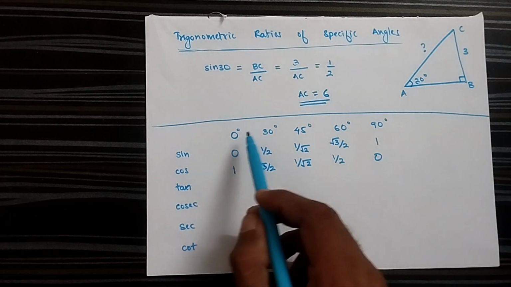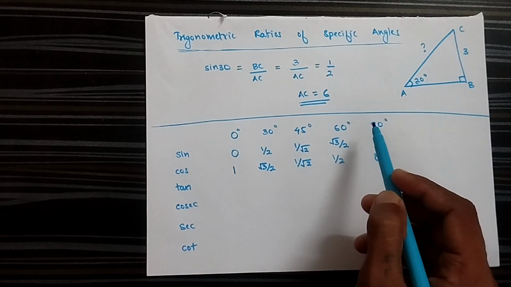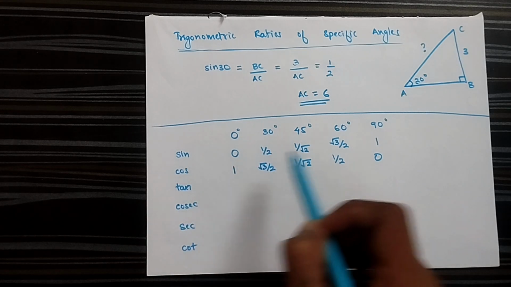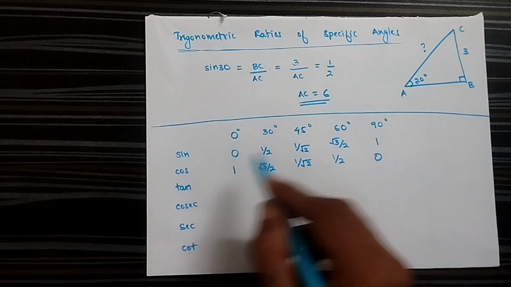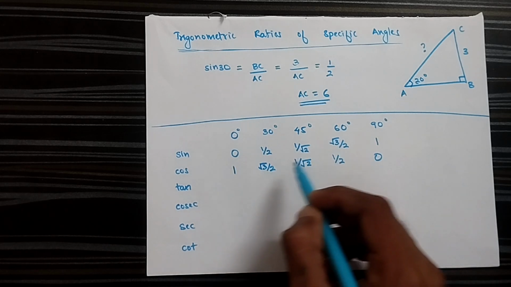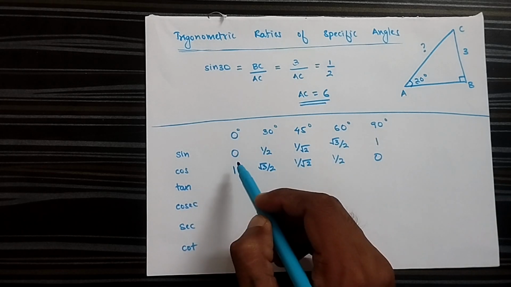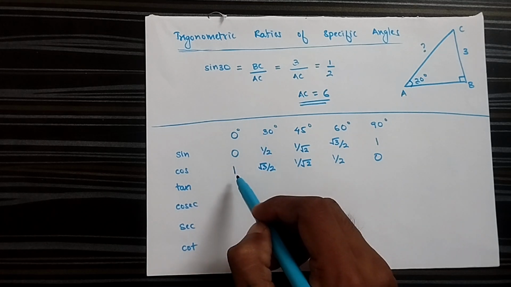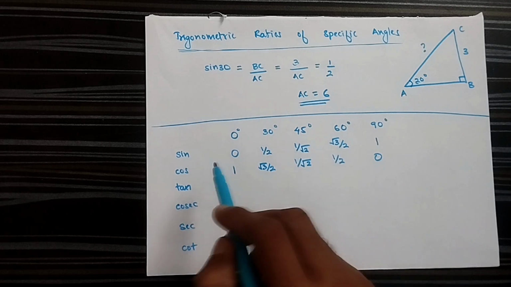As the angles keep on increasing, the sine value of those angles increases. But as the angles keep on increasing, the cosine of those angles keeps on decreasing. So we can see this is the opposite order for cosine. Sine 0 is 0, cos 0 is 1, sine 90 is 1, cos 90 is 0, and the opposites.